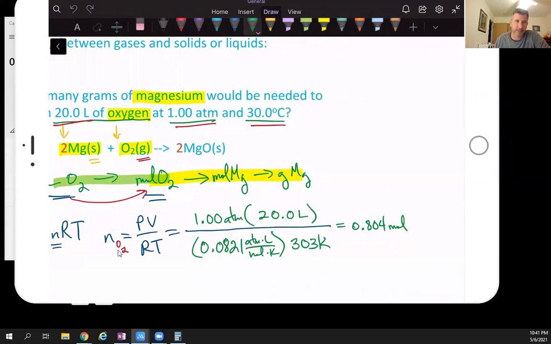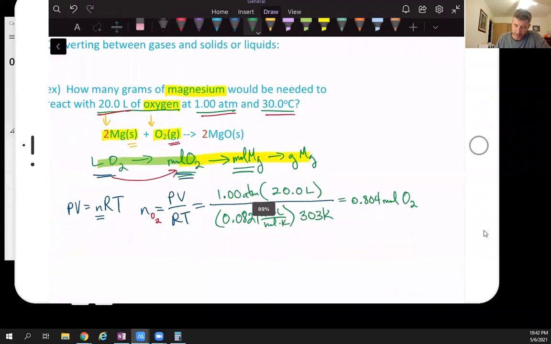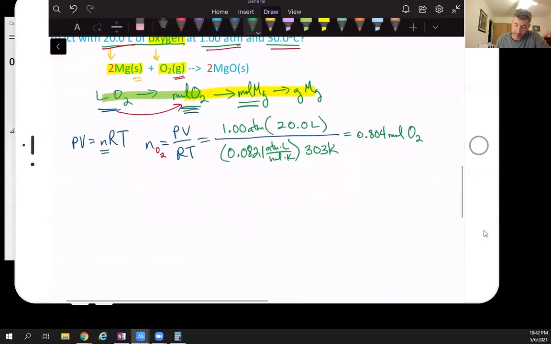That's why I labeled it back here. So make sure you label that, moles of O2. And the reason that's important is if you don't label it oxygen, you might think that you're already at moles of magnesium, but you're not. You're back here. And so it's going to mess up your math potentially. And in this case, it definitely would.